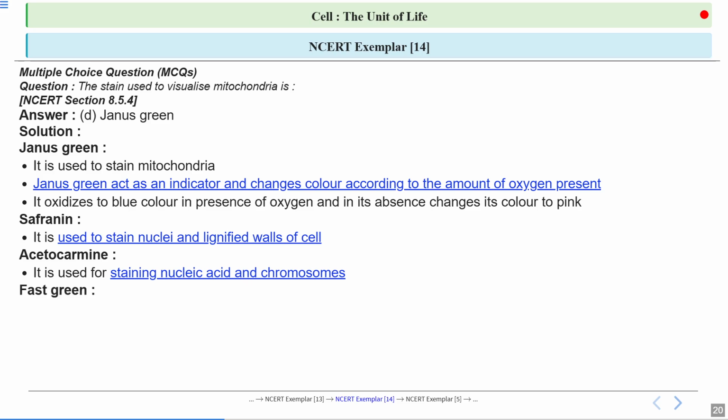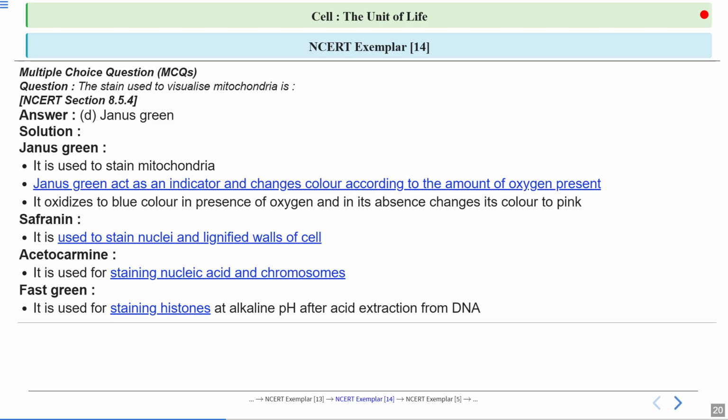If you want to see the nucleic acid present inside the nucleus or the chromosome, then you have to use this particular stain called acetocarmine. Fast green is used for staining histones. Histone is a protein, right, that forms the nucleosome structure. So at alkaline pH, after acid extraction from DNA.